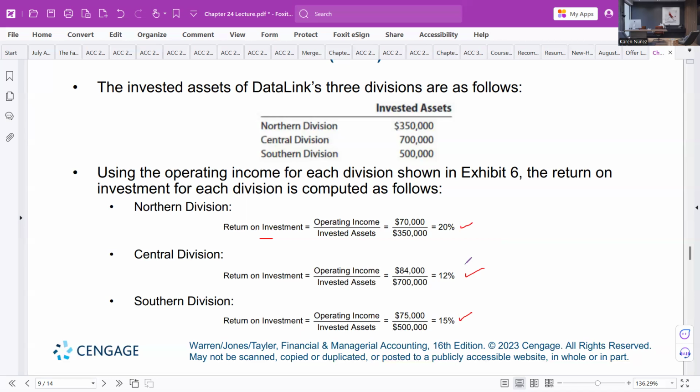But when we use more relative measures, instead of just looking at absolute dollars, instead of just looking at operating income, for example, when we look at a more relative measure like return on investment, it's a lot easier to compare, because the relative measure, a percentage, is not skewed by the size, and it gives us more information, relatively speaking, when we make comparisons. So again, that's a good thing about this ROI measure, the relative percentage that we get. And again, it tells us how well we are using these invested assets to generate our operating income.